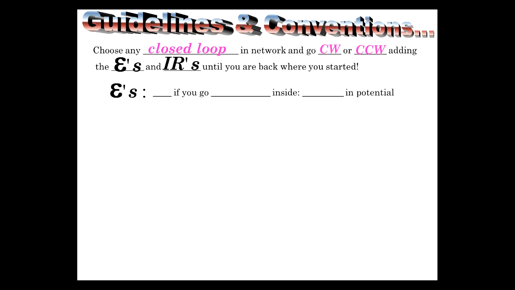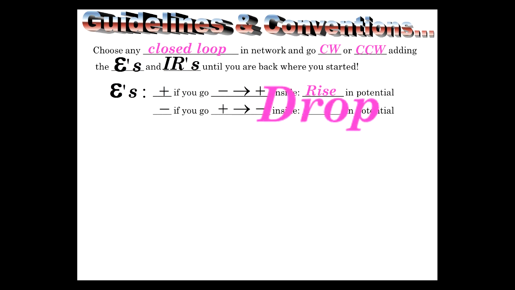The EMFs, how do you deal with them? Well, consider them positive if you go from minus to plus inside, because you're rising in potential. Consider them negative if you go plus to minus inside, because you're dropping in potential.